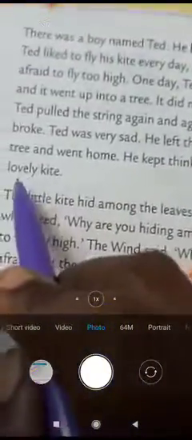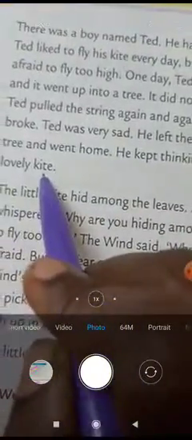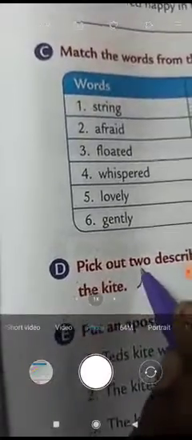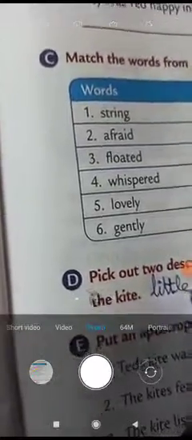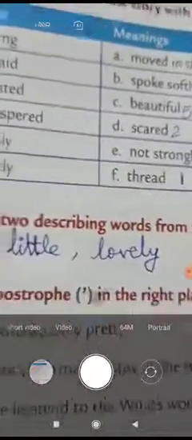And then you see here lovely kite. How is the kite? Lovely. So you can write little and lovely. See, these are the 2 words used for the kite to describe it.